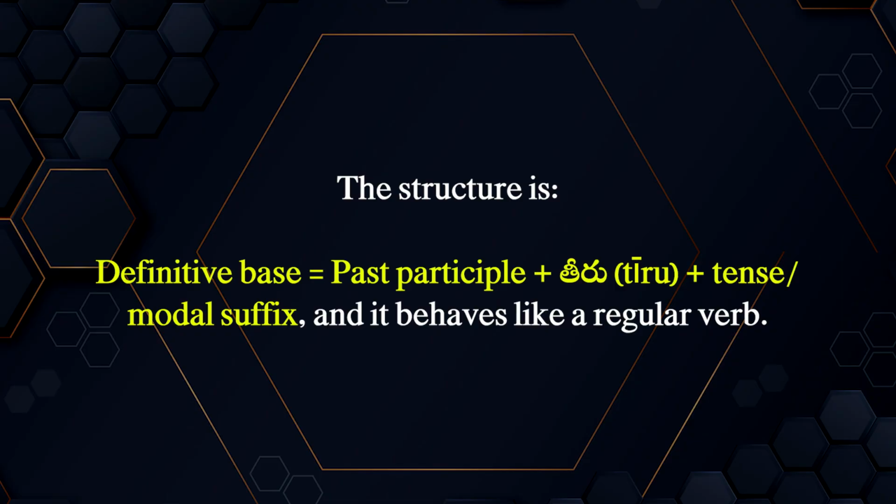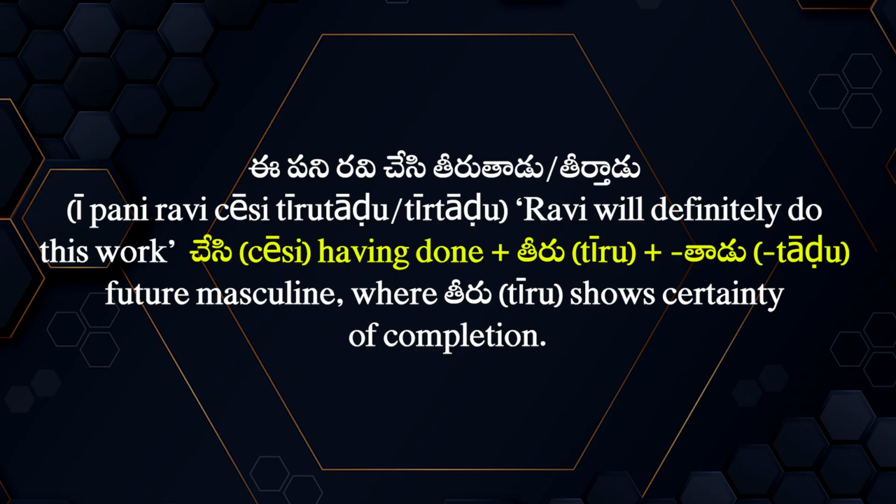The structure is definitive base, past participle plus తీరు plus tense or modal suffix, and it behaves like a regular verb. For example, ఈ పని రవి చేసి తీరుతాడు or తీర్తాడు. It means Ravi will definitely do this work. చేసి, having done, plus తీరు plus తాడు, future masculine, where తీరు shows certainty of completion.